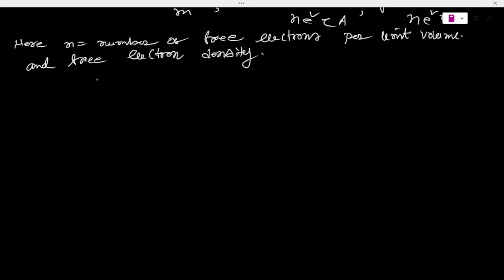What is the free electron density? It is the number of free electrons per unit volume. Is it clear, the free electron density?